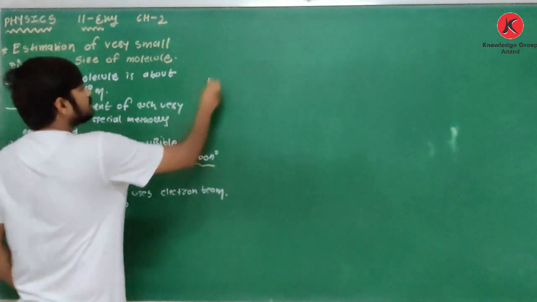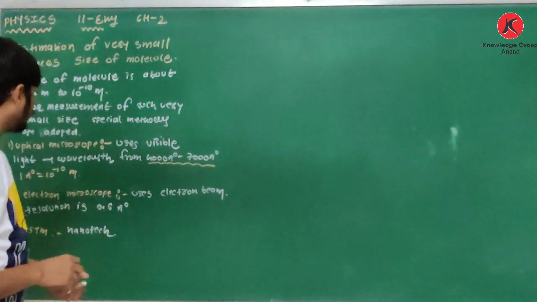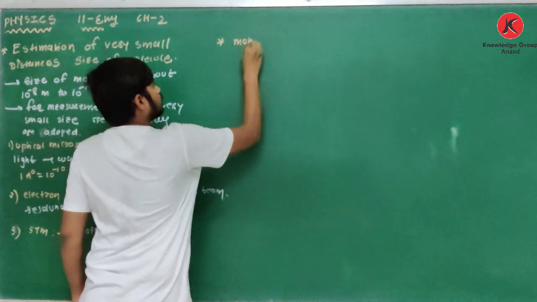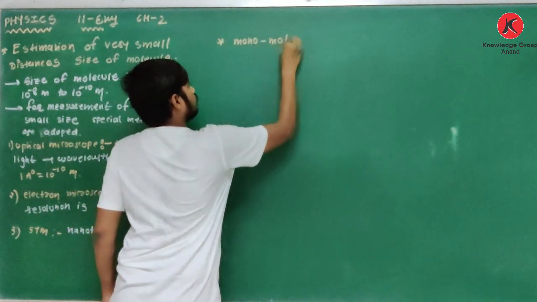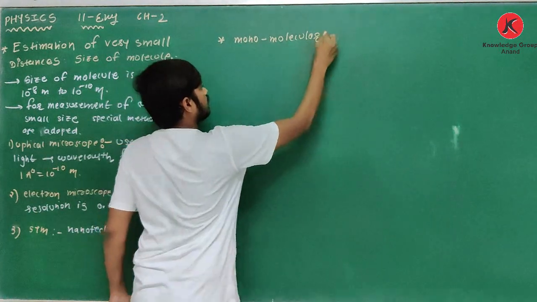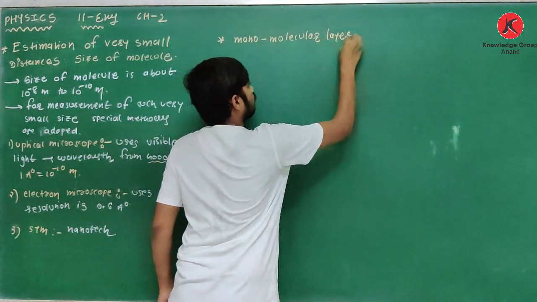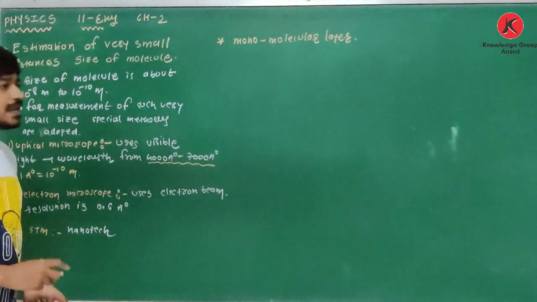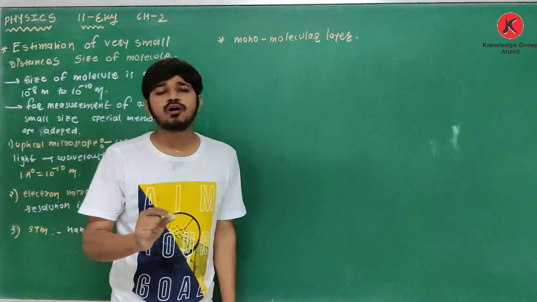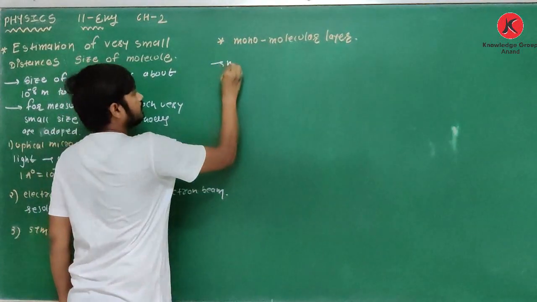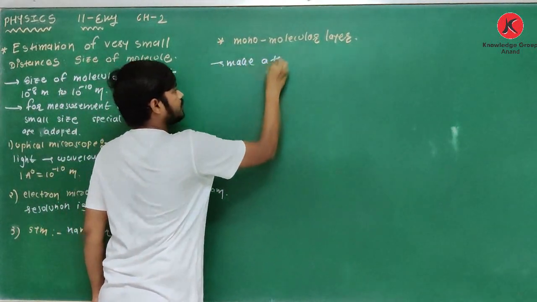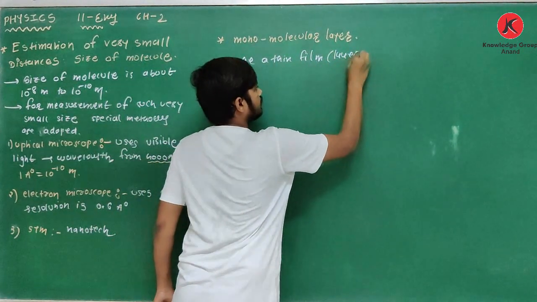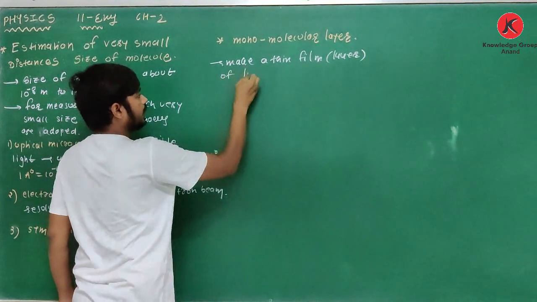There is another method for measurement of very small size, that is the monomolecular layer. If for example you have some acid, then you have to make a thin film, or thin layer, of that liquid.